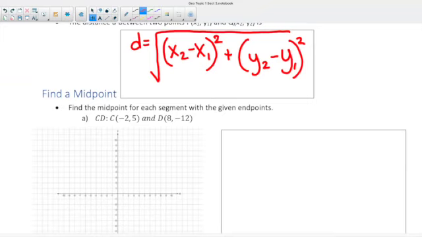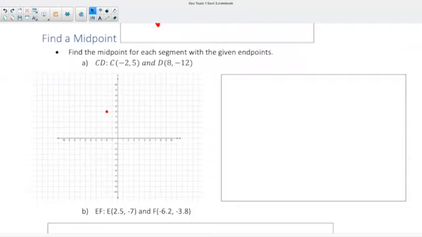graph these points. So go to -2, comma 5. Let me erase that little dot. It was very sensitive. -2, comma 5 is right here. 8, comma -12. So I'm going to need to scroll so we have some space to get to -12.